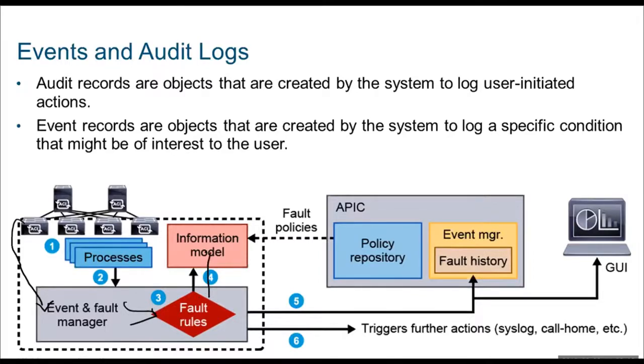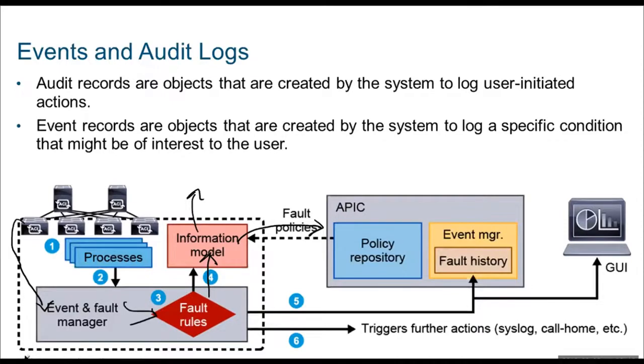Remember, every switch also has a model, so it creates an instance there. Every switch has its model, creates an instance of that fault, and then it notifies the APIC, or should I say the APIC is collecting information, so it notifies the APIC.